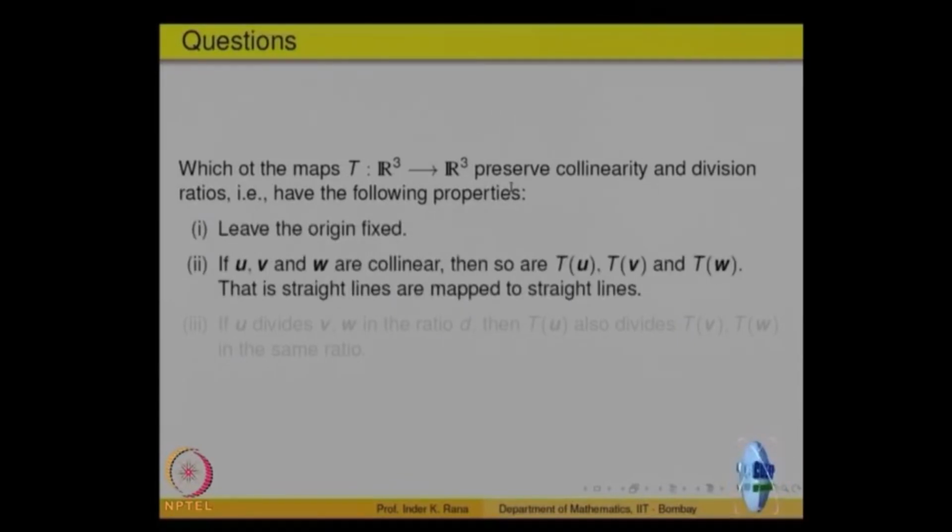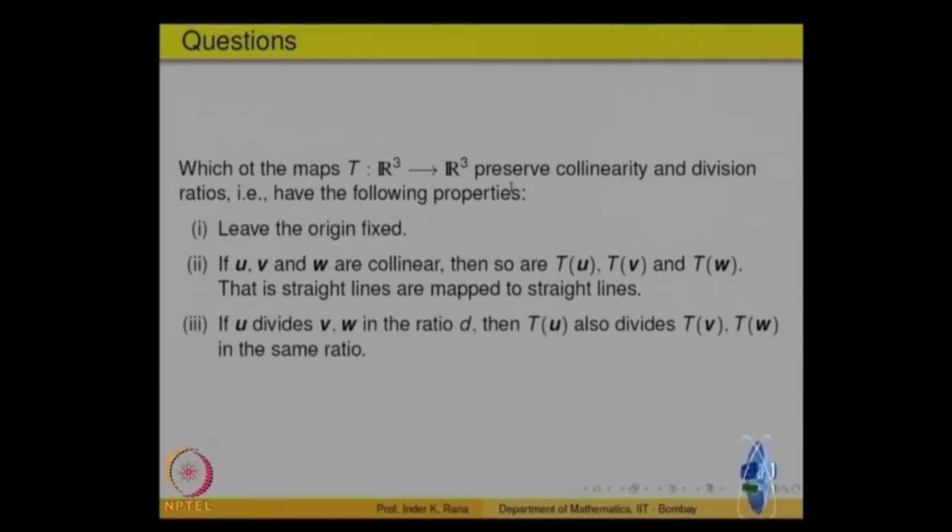So, origin remains fixed in some of these. In translation, origin does not remain fixed, but in rotation, reflection, scaling, all these things, origin remains fixed. And third, the proportionality, the division ratios, are maintained.